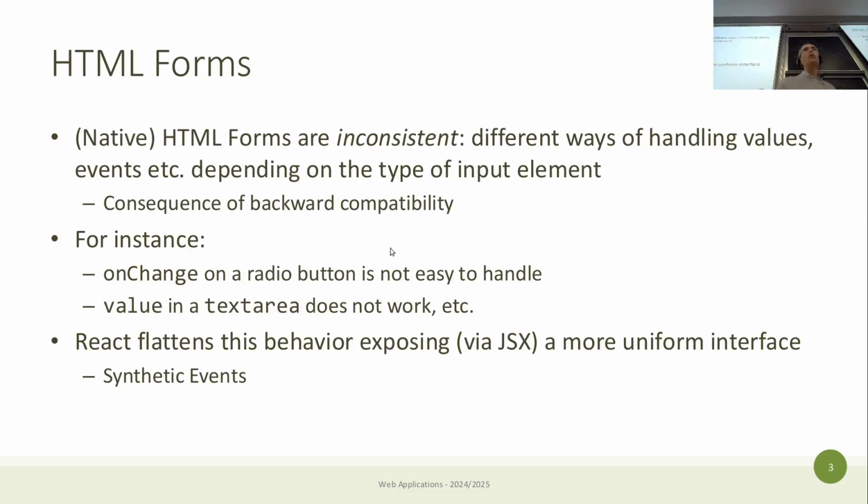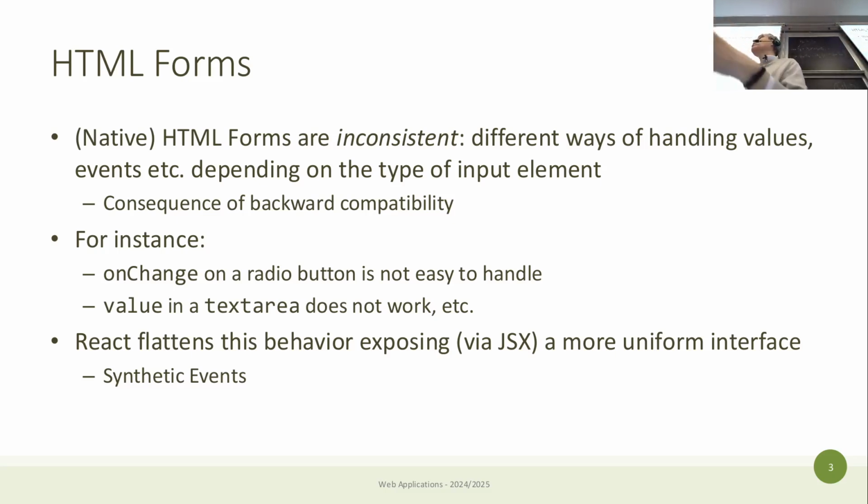Okay, so we already talked a little bit about forms while discussing HTML. And we said that HTML has a peculiar way of writing forms in the code. There is a tag specific for forms, named form. You have the input tag, input type text, password, button, and so on.